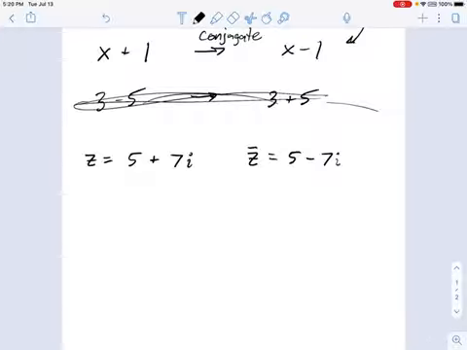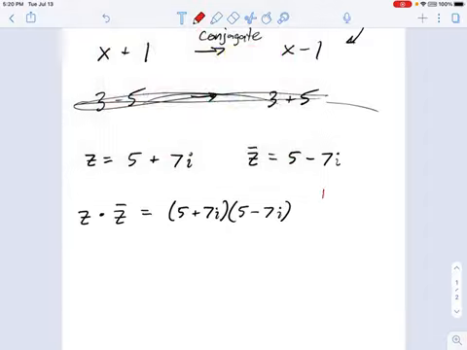And why this is useful is this. If you multiply a number by its complex conjugate, something interesting happens. Let's just watch this play out, okay? I have z, which is 5 plus 7i, and the complex conjugate of z, which is 5 minus 7i. Watch what happens as we multiply these two things together. I'm going to go first, outer, inner, last, right? We're just going to FOIL this thing down.